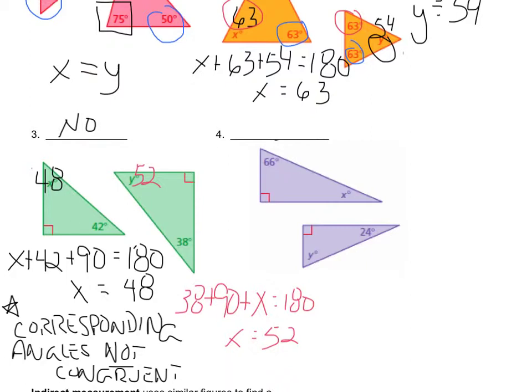However, if I look at the corresponding angles, 52 would correspond with 42, and those are not the same. Certainly the 90 corresponds with the 90, so that one's fine, but I also need another one to correspond, and the 38 degrees does not correspond with the 48. Because the corresponding angles are not congruent, we would say that these are not similar.